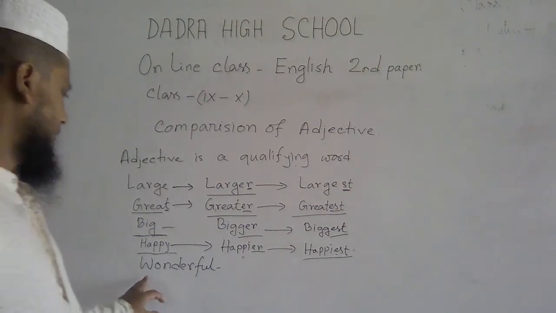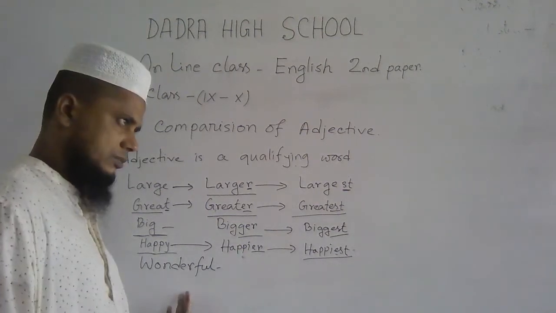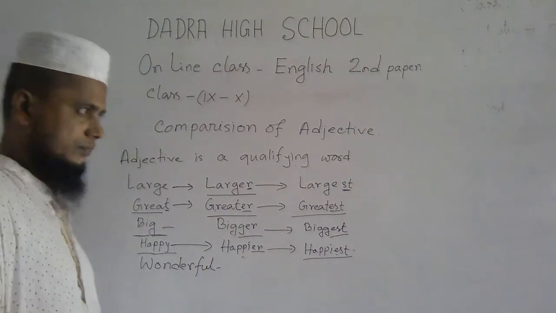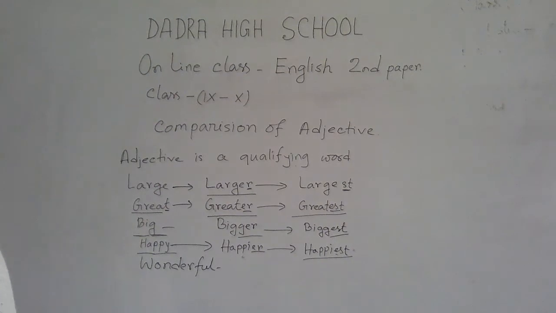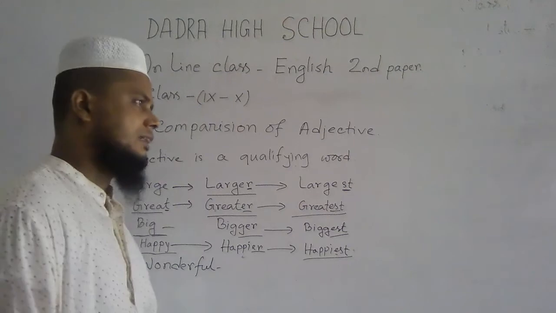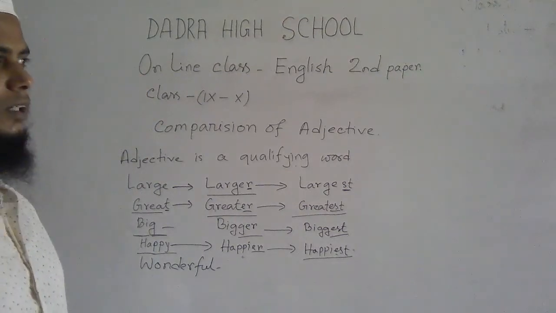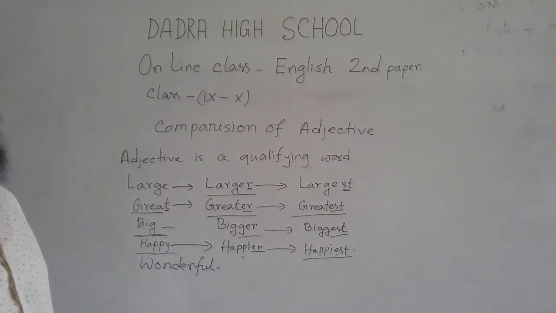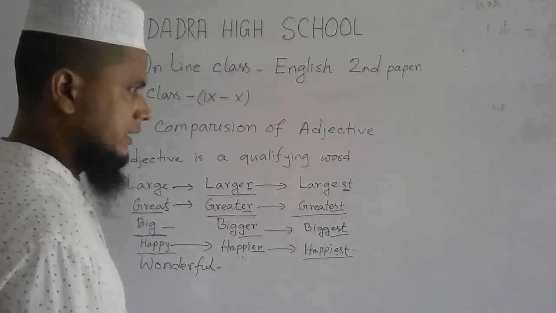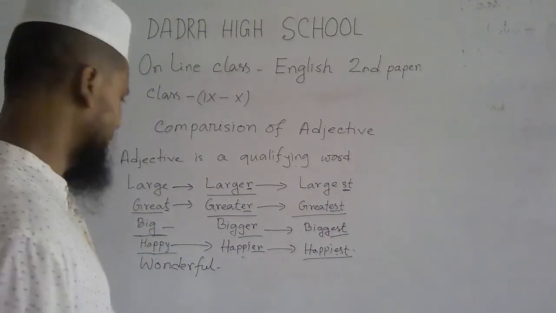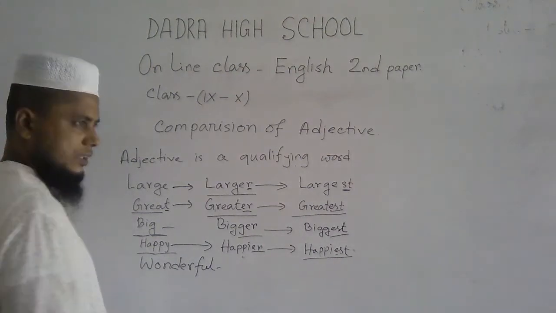And then there is an adjective word, wonderful. It's also an adjective, but it has more syllables, wonderful. In the case of disyllabic, trisyllabic, polysyllabic words, or like these words, to make them comparative, you will use more before the positive form.